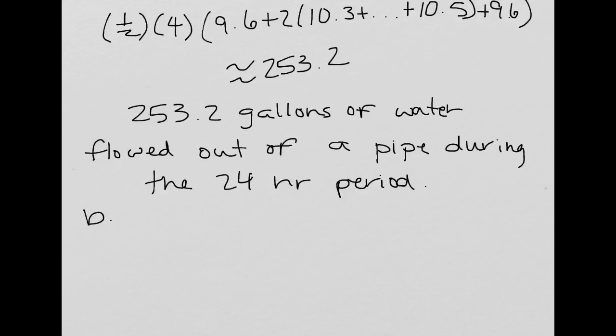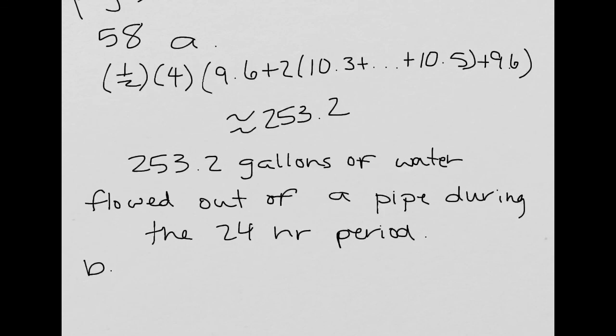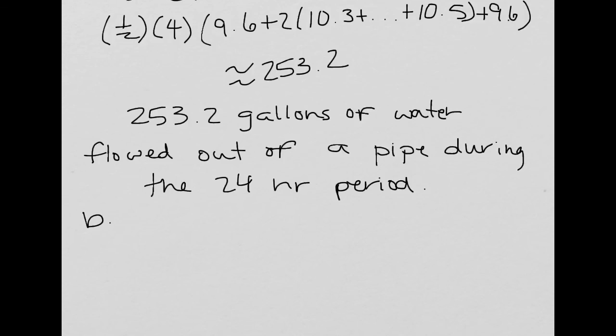Part B asks you is there some time t between 0 and 24 such that the derivative is 0? Justify your answer. This goes back to the last time you had these videos when I was out. So we know that R of 0 is equal to R of 24.